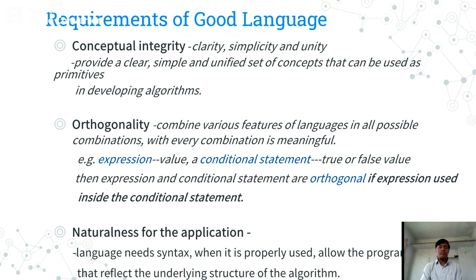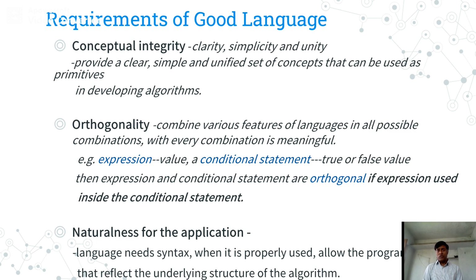So how can you say any programming language is a good programming language? Therefore, there are many attributes to defining a good programming language. So these are the requirements of a good programming language.